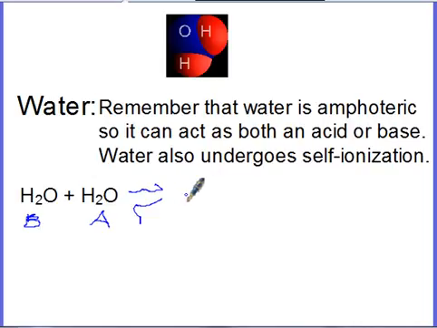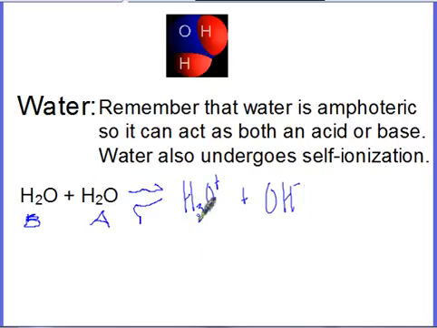So the first water molecule is going to accept a proton, so it's going to be H3O plus. And the second water molecule, since it's acting as the acid, is going to donate the proton to become OH minus.